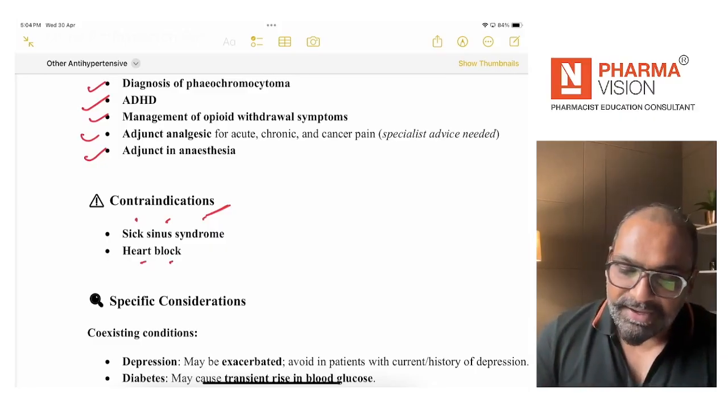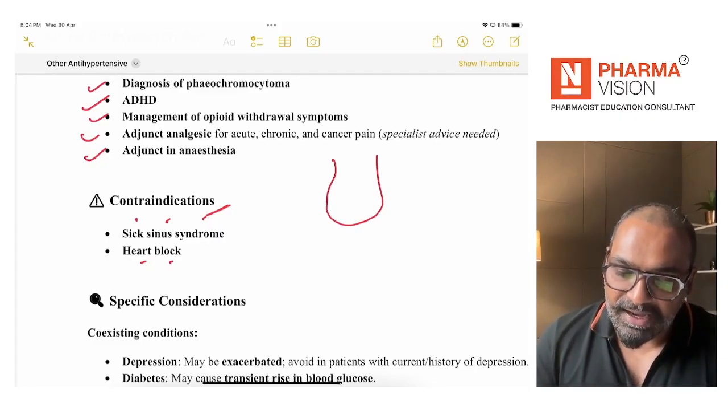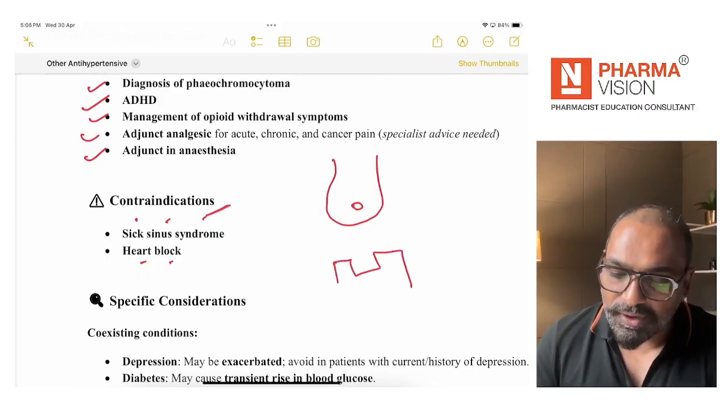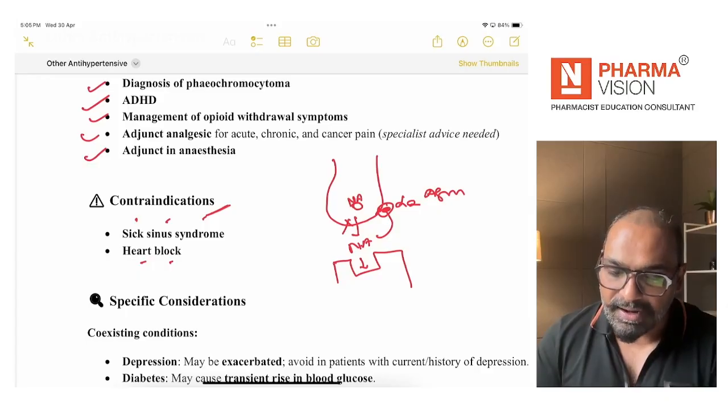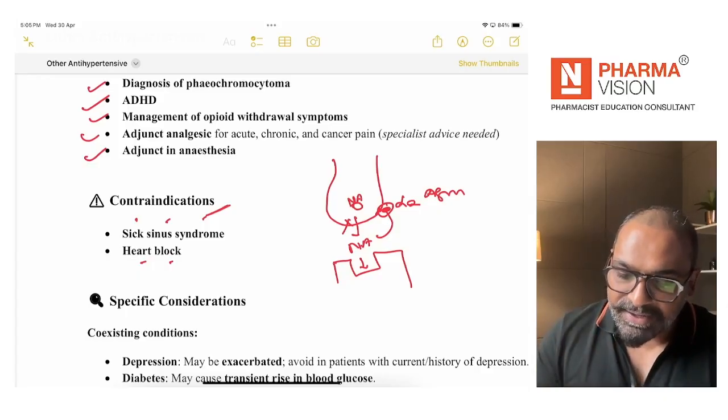As we discussed in the previous class, what is the mechanism of action of Clonidine? Noradrenaline is released and binds to receptors, and Clonidine is an alpha 2 agonist. It stimulates the alpha 2 receptors and stops the release of noradrenaline.